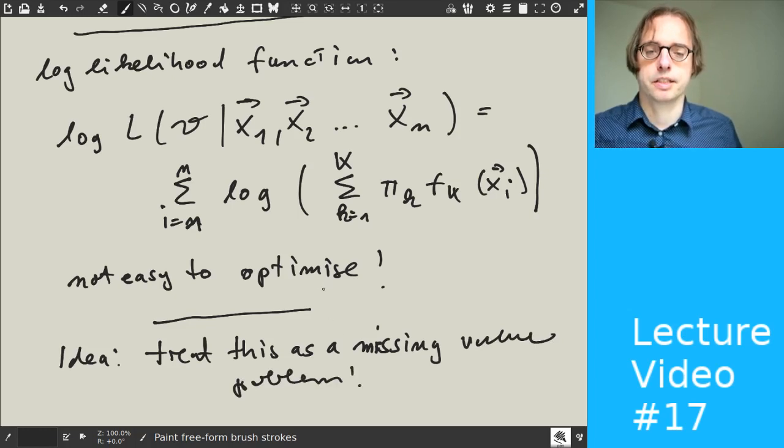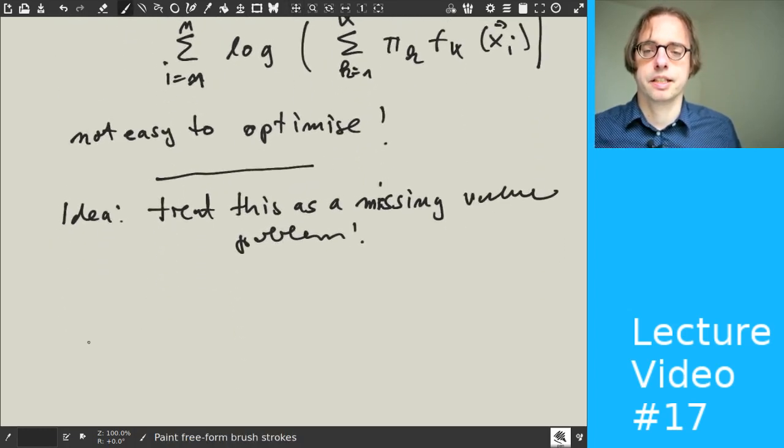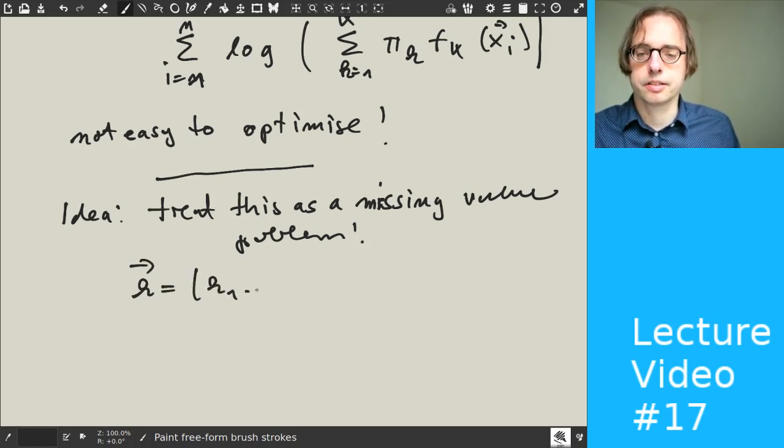What's missing is the latent variable allocation. So we need a variable k, and k is a vector that goes from k1 to kn.